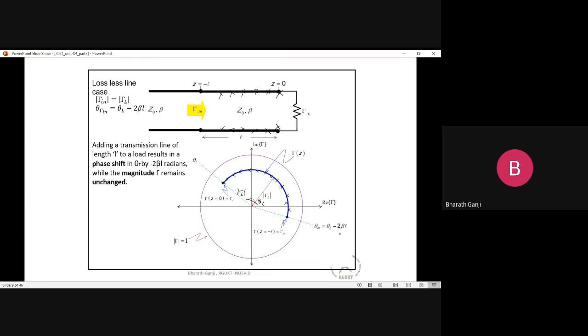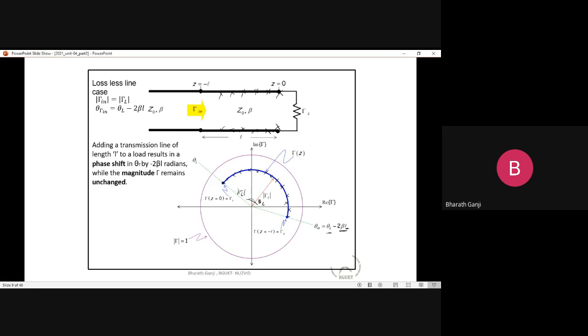Depending upon how much angle you have turned, if you subtract that much angle from the phase angle of your load, then you end up at a point which is the reflection coefficient at a length L from the load.